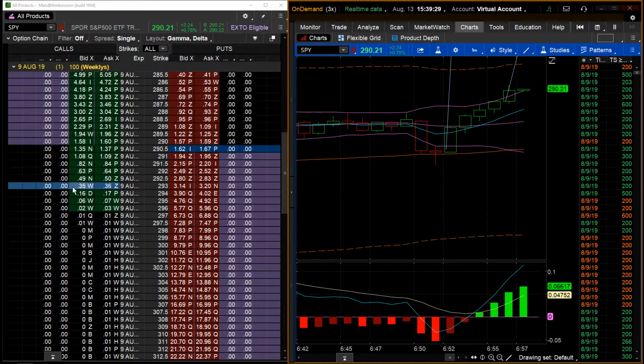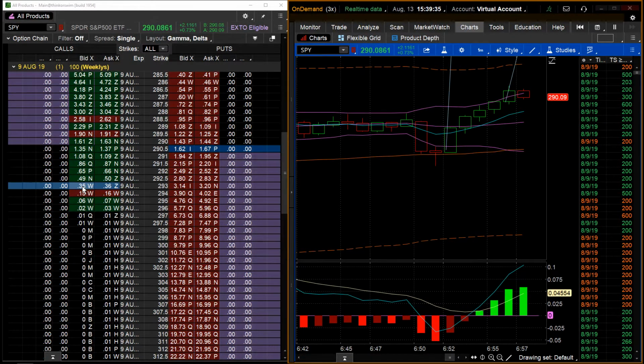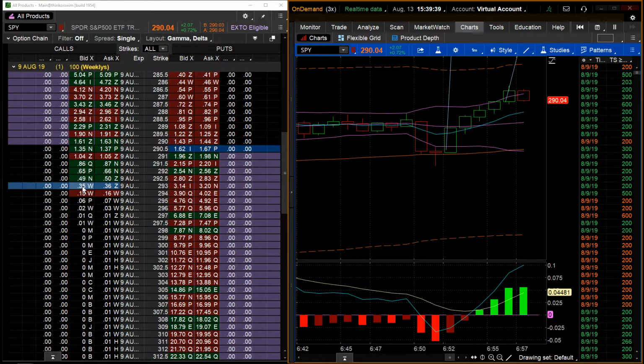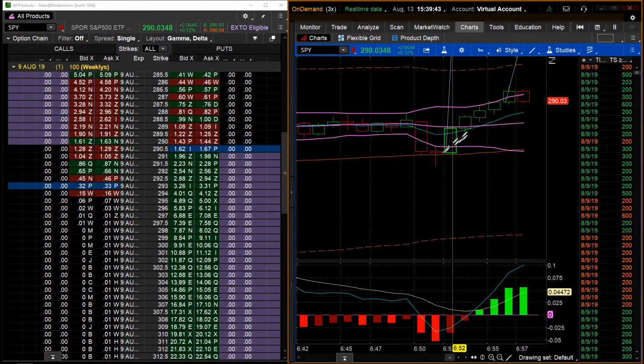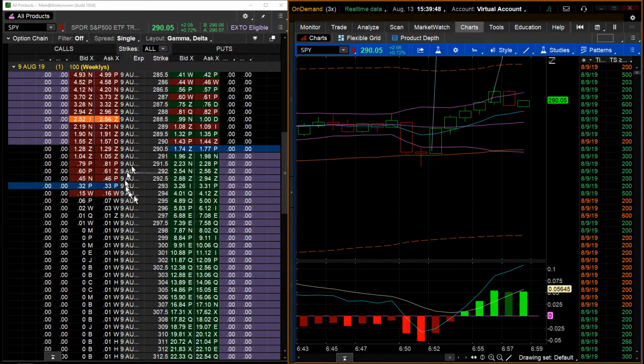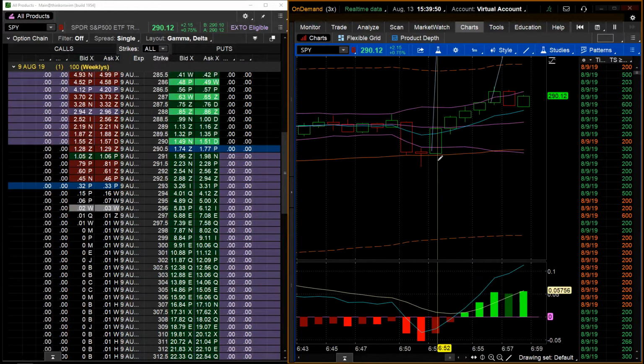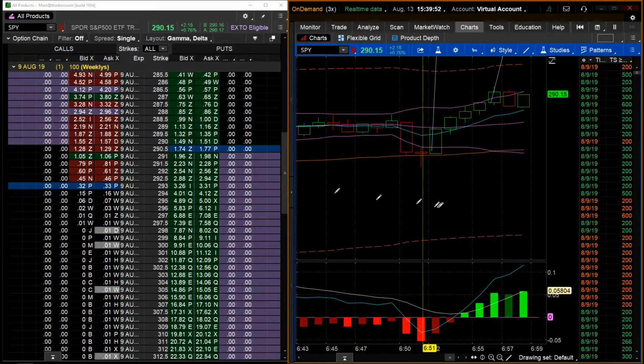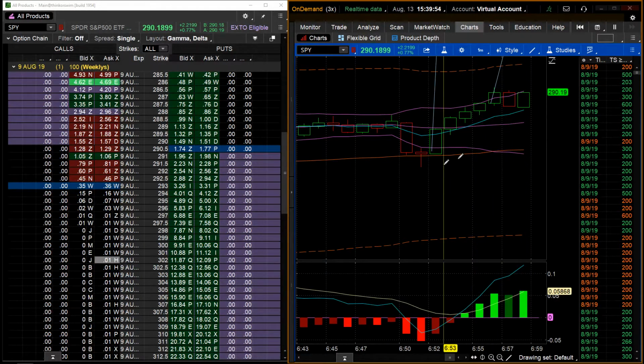So getting out right now at 35 on the bid on the strike price of 293, that would have been like a 35% profit, buying this to make money as the stock went up. So that's just to show how the options chain reacts to price action.